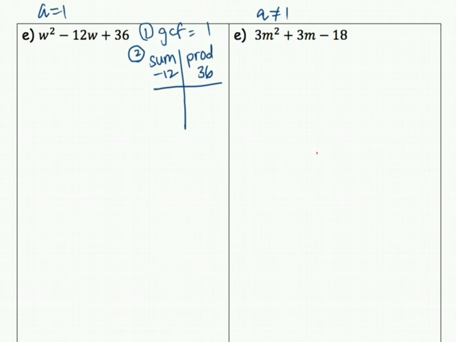Okay, so from there, if you can think of the 2 numbers right away, like what times what makes 36, but would add to make 12, hopefully you can think of the 2 numbers.